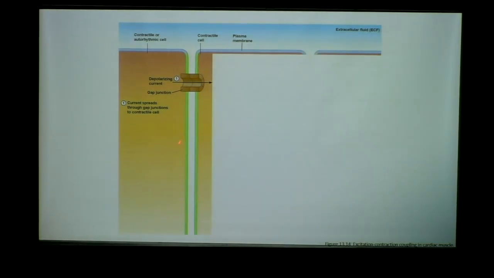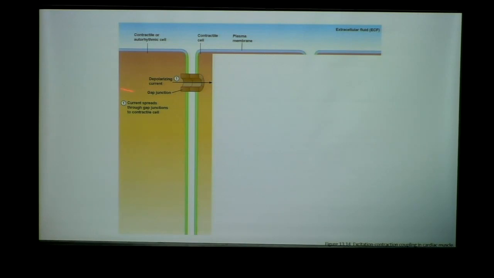So first thing we want to point out is that we start with the impulse, the action potential, either on an autorhythmic cell, which is a pacemaker cell, or on another contractile cell. All right, so a pacemaker cell is generating the rhythm, but we can also have a contractile cell that is propagating that rhythm as well.